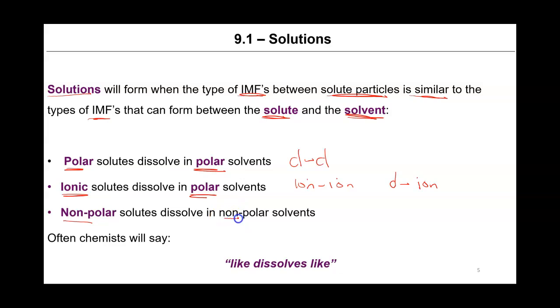Non-polar solutes tend to dissolve well in non-polar solvents because the dispersion forces between the solute particles are similar to the dispersion forces that will form between the non-polar solvent and the non-polar solute. So chemists often summarize this with the little phrase "like dissolves like," which means polar dissolves well in polar and non-polar dissolves well in non-polar.